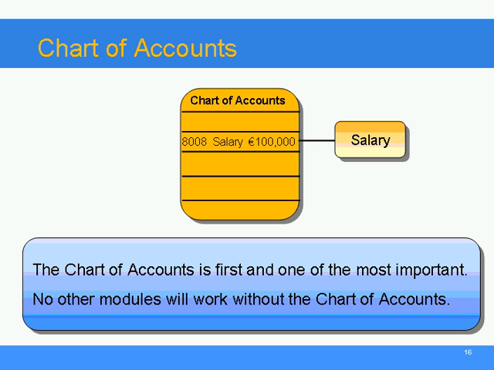Chart of accounts, as you know, is the strong core in Dynamics AX. First of all, if you want to work with Dynamics AX version 4, you need to set up your chart of accounts, because you cannot post any transaction, sales or purchase or just transaction in the ledger account without chart of accounts.